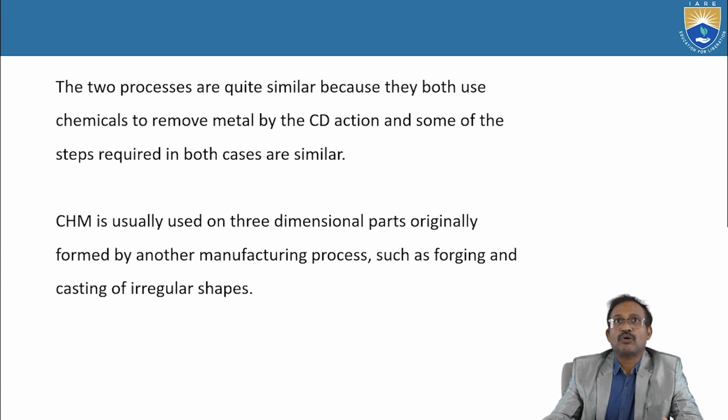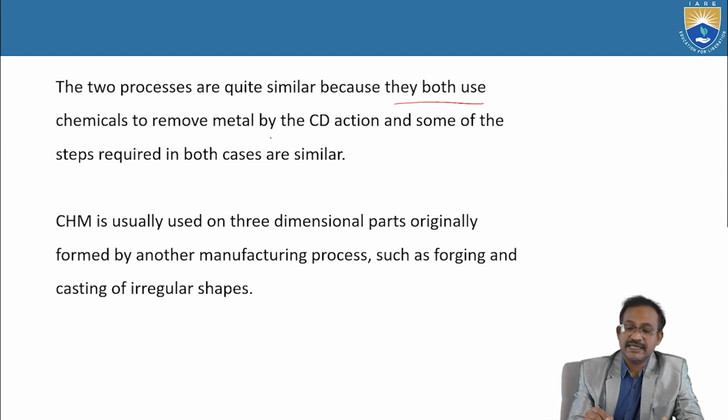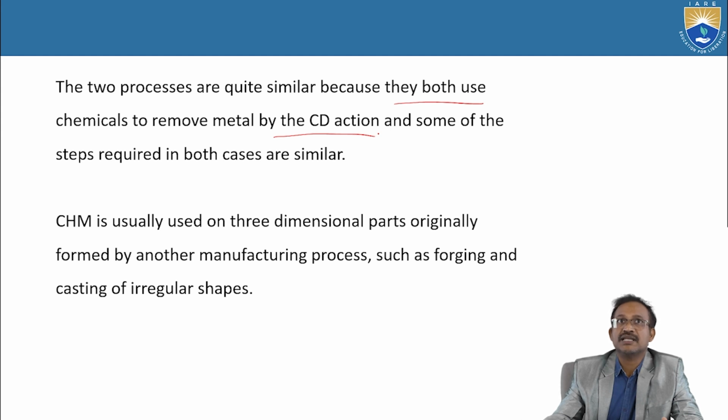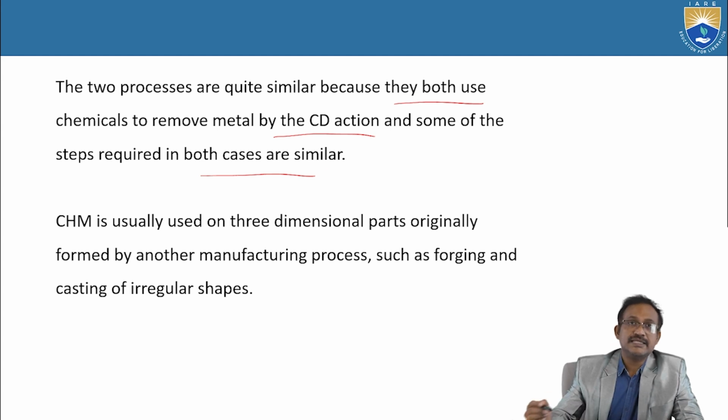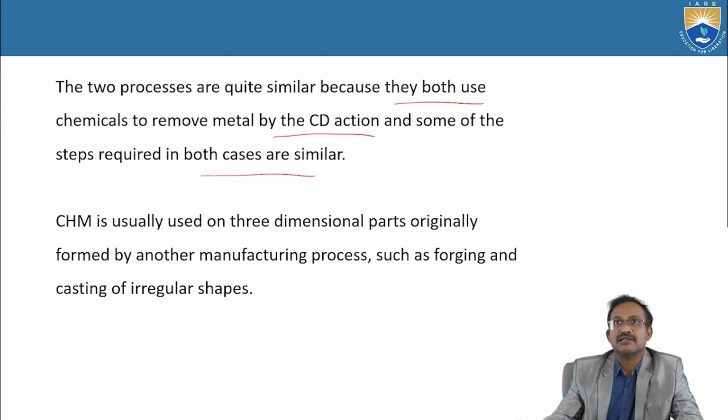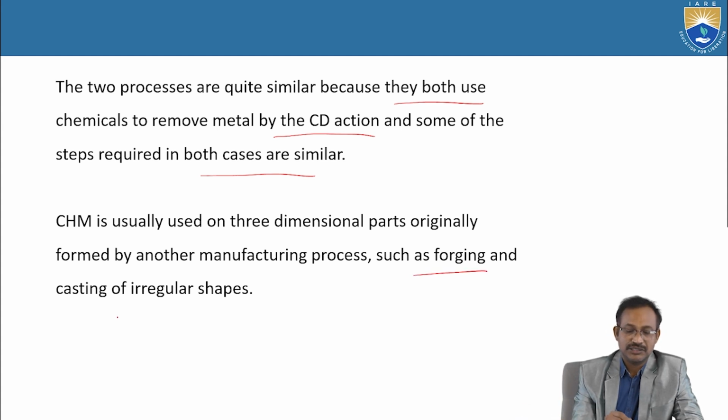The two processes are quite similar because they both use chemicals to remove metal by the CD action, and some of the steps required in both cases are similar. Chemical milling is usually used on three-dimensional parts originally formed by another manufacturing process such as forging and casting of irregular shapes.